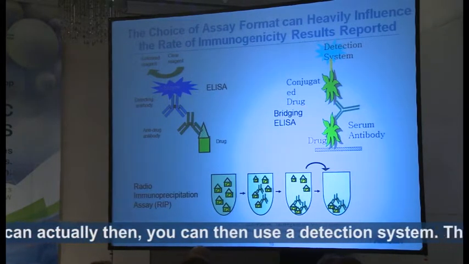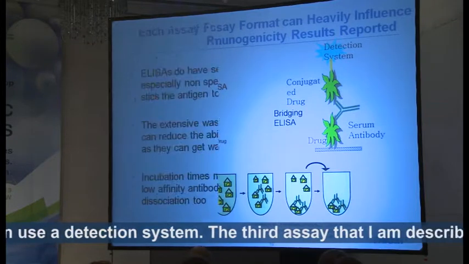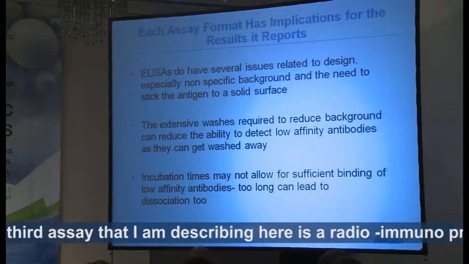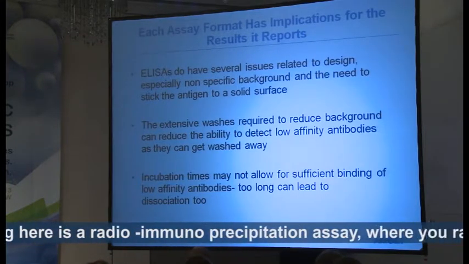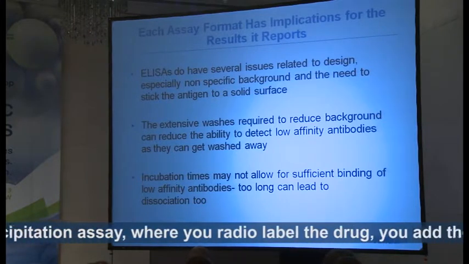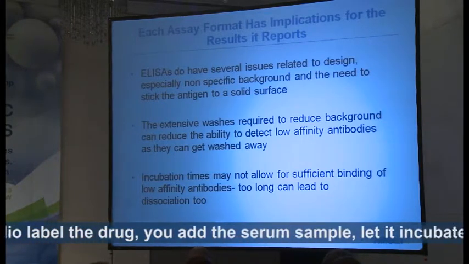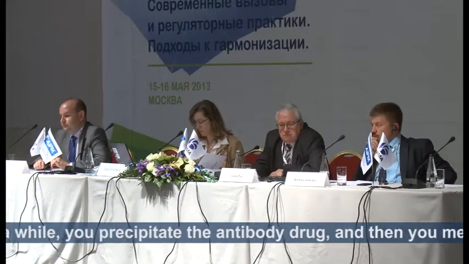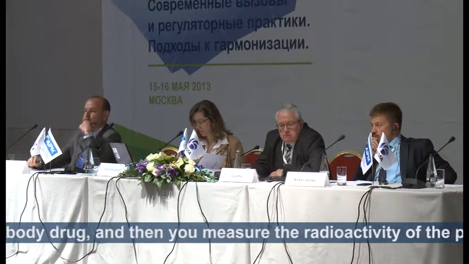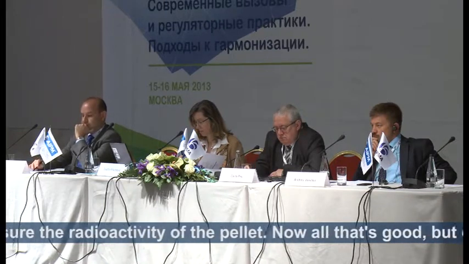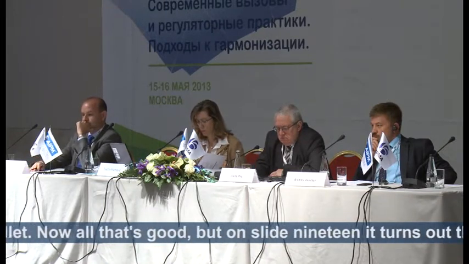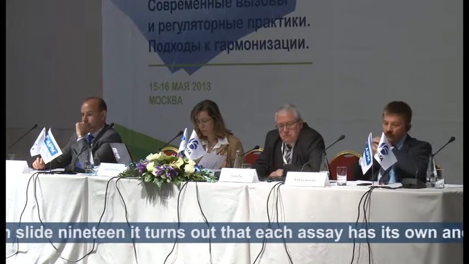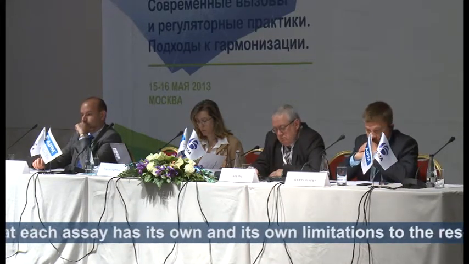Now, all that's good, but on slide 19, it turns out that each assay has its own implications and its own limitations for the results it reports. ELISAs do have several issues related to design, especially that nonspecific background can be an issue, and when you stick the antigen, in this case the product, to a solid surface, you might change its conformation.